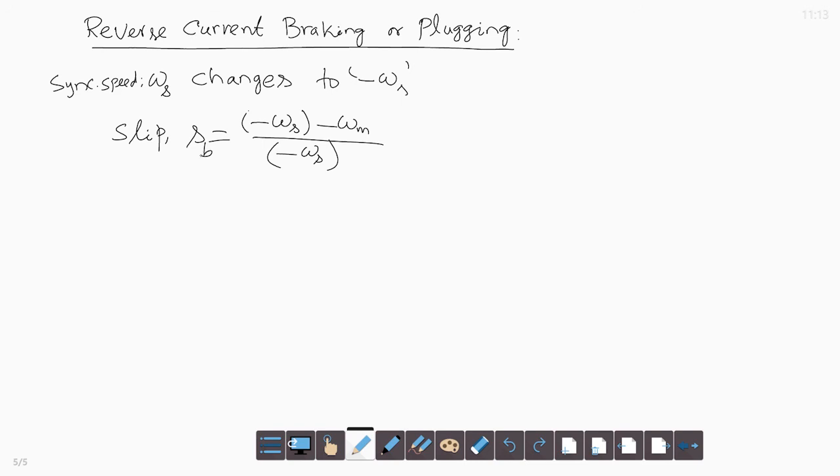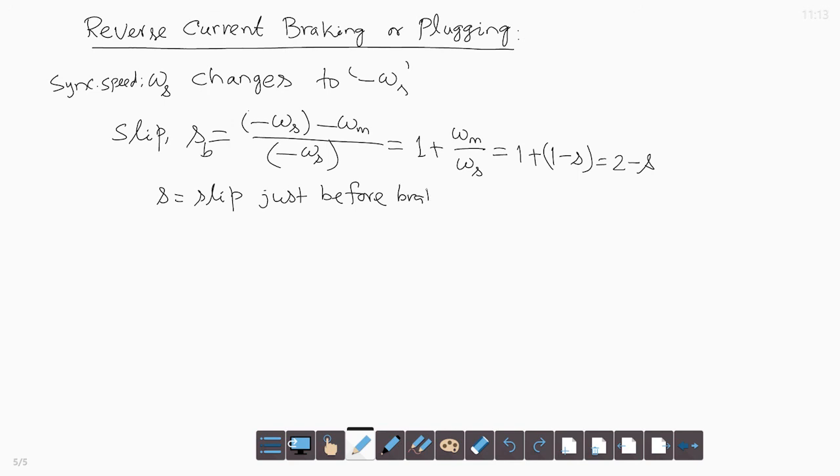So SB, the slip for braking operation, is 1 plus omega m by omega s, that is 1 plus 1 minus s, that is 2 minus s. Here s is the slip for motoring operation, the slip just before braking starts. As the slip is more than 1, the braking operation is obtained, which is called plugging.